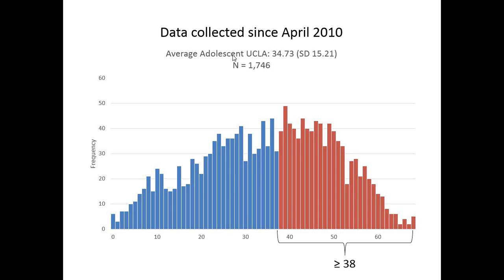But if you can get a UCLA from a parent and a UCLA from a child, and then sort that all out, that's your best case scenario. That would be ideal. But generally, adolescents are probably better reporters about their own symptoms. For younger kids, parents are probably better reporters of those.